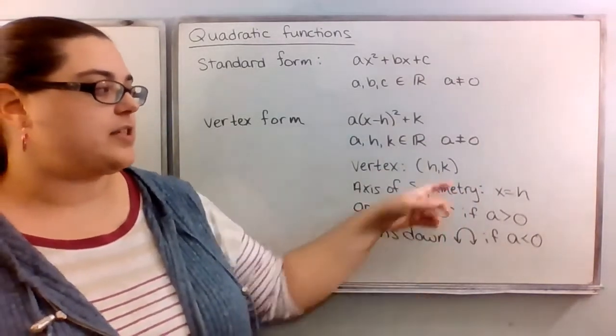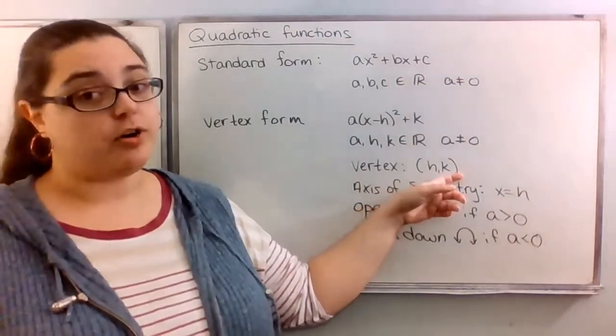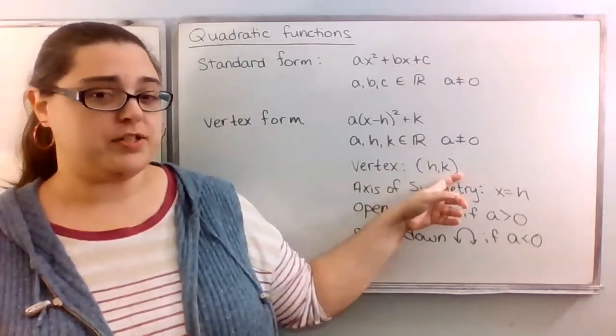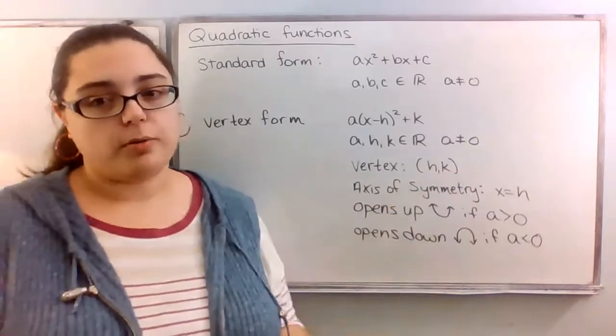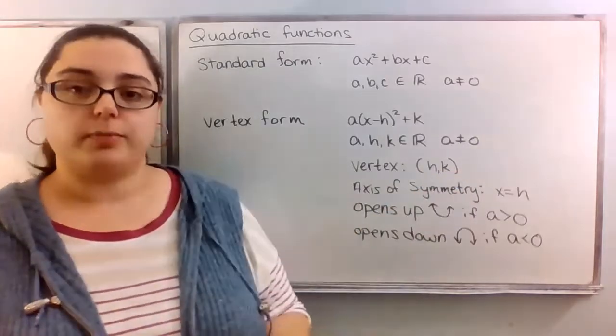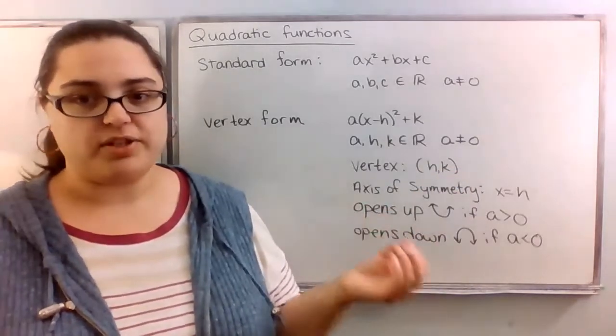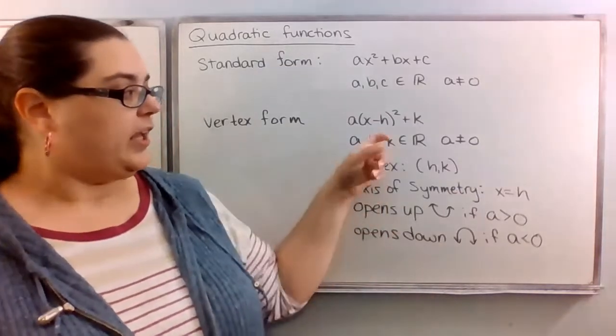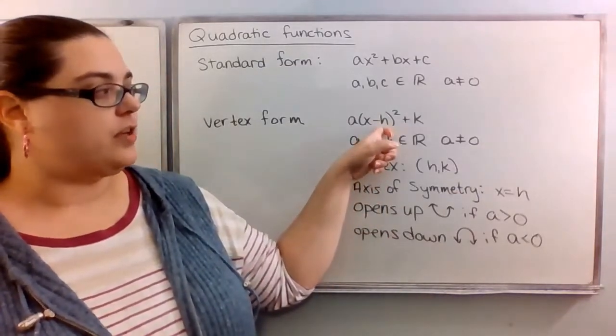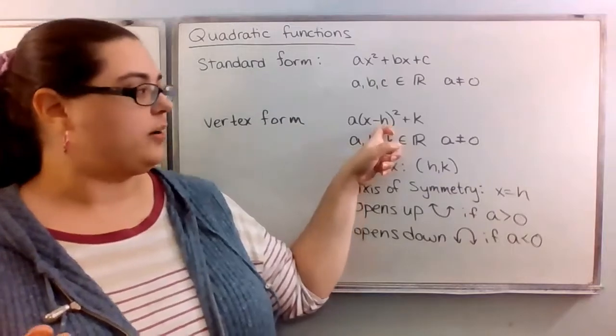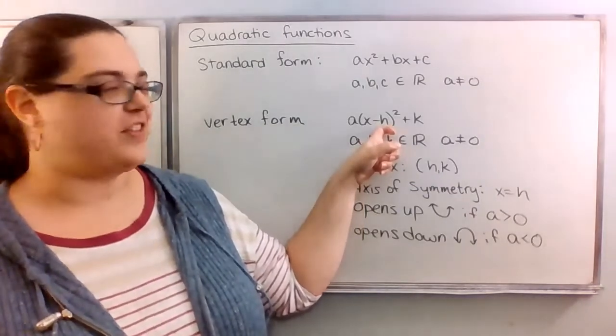Also, it makes sense that this is going to be the vertex, the turning point, if you think in terms of transformations as well. On our normal function x squared, the turning point, the vertex, is the origin, (0, 0). I'm going to think in terms of a positive h just for purposes of this right now.